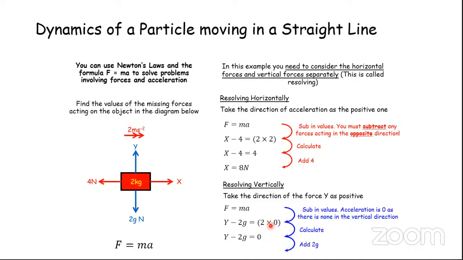Then our y will be equal to 2g, or when you substitute g with 9.8, 2 times 9.8, your answer is 19.6. Is that clear? Yes, teacher.